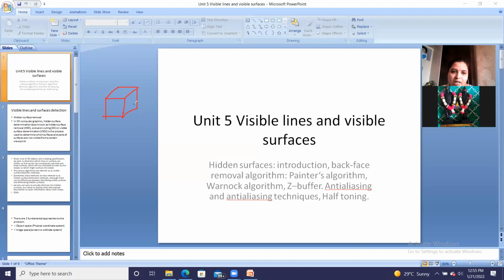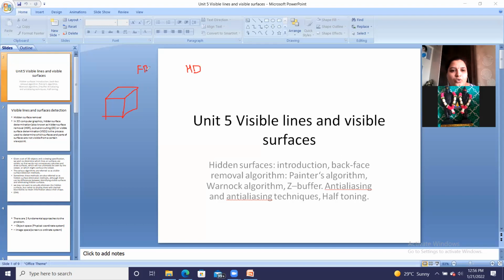When I want to draw such objects on the screen, they should be fetched into the frame buffer, right? The information about the object is stored in the hard disk, that is the main memory, and I want to display it onto the screen. So it is brought into the frame buffer.